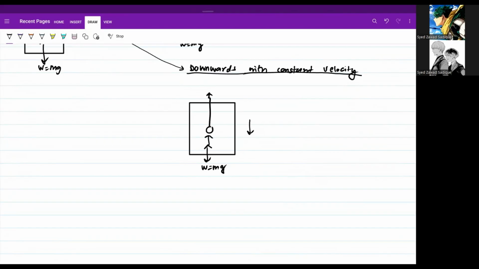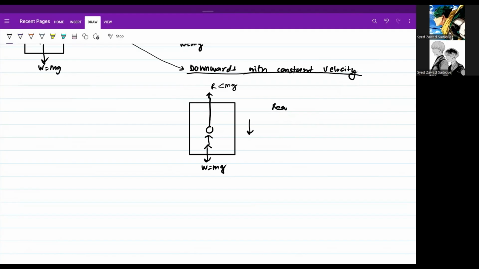If he's going downwards with constant velocity, his normal contact force will be less than mg. Therefore, the resultant force. So this is not correct.